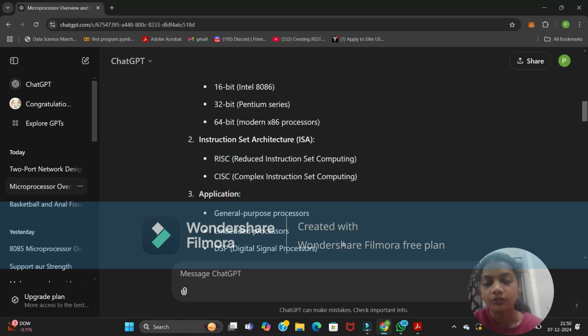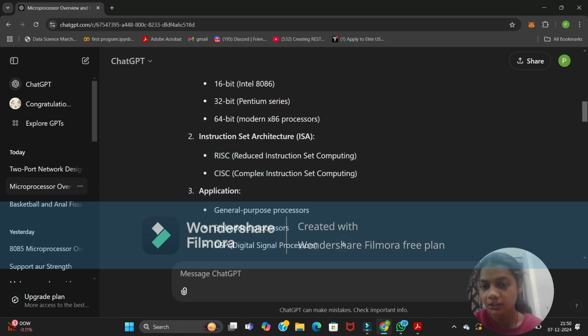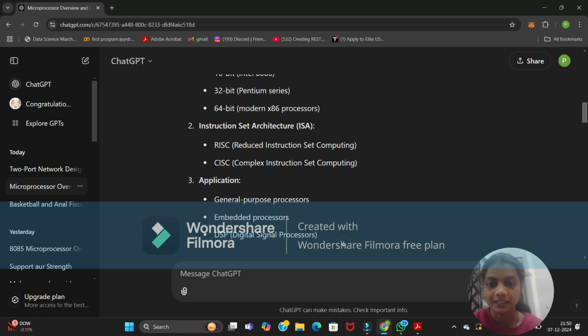Okay, got it. Now we have instruction set architecture. RISC and CISC are the two types of instruction set architecture. We have already learned about this in our previous classes and semesters, like in computer science and operating system, what RISC and CISC are and what the differences between these two types are.